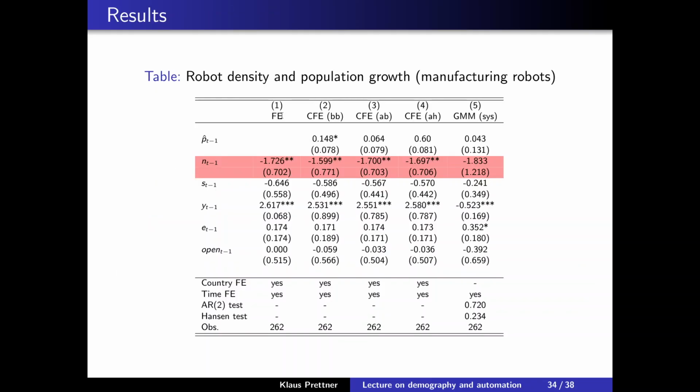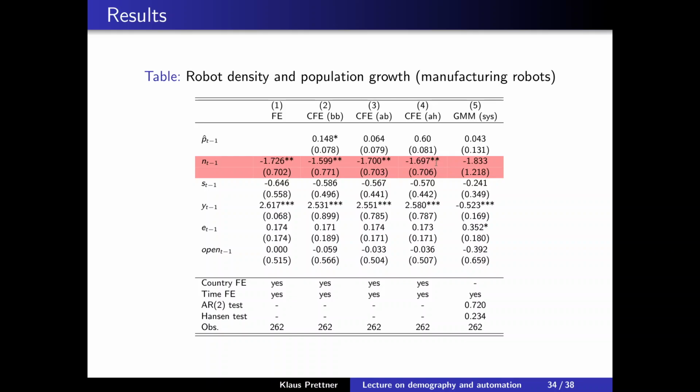So what do we find? We use panel data methods, either dynamic panel data methods or fixed effects regressions, to estimate the equation on the previous slide. And what we see is that in all specifications, irrespective of which method we use, we have a coefficient estimate of the population growth rate that is about minus 1.6 to minus 1.8.